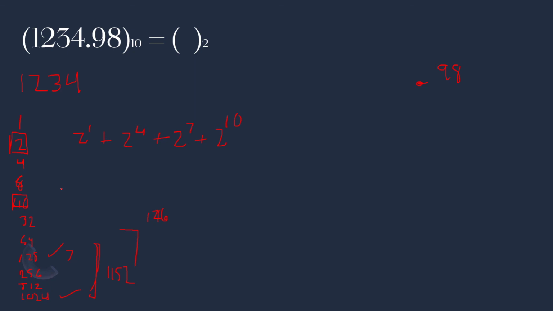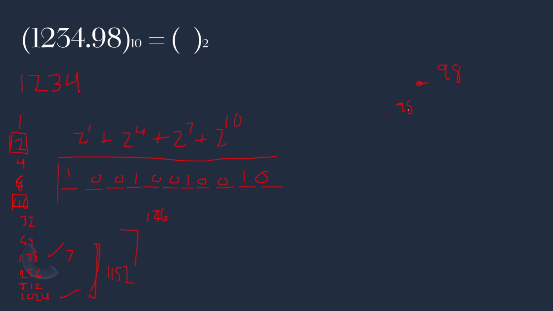So let's count 11 bits: 1, 2, 3, 4, 5, 6, 7, 8, 9, 10, and 11. Alright, that is our integer part.